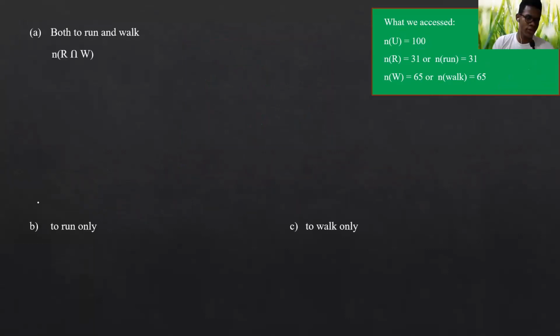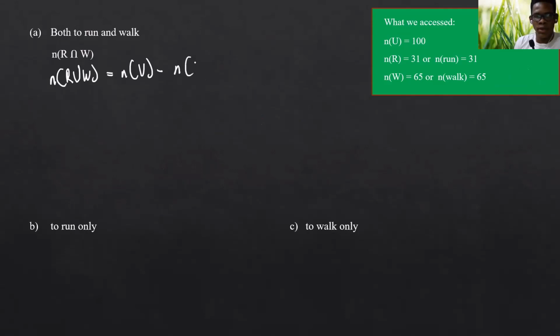So the first thing we need to know is that to get the intersect, we need to subtract the union from the sum of the two sets. We don't have the number of elements in the union. So that's the first thing we've got to find, right? Number of elements in the union, and that is the universal set subtracted by the complement.